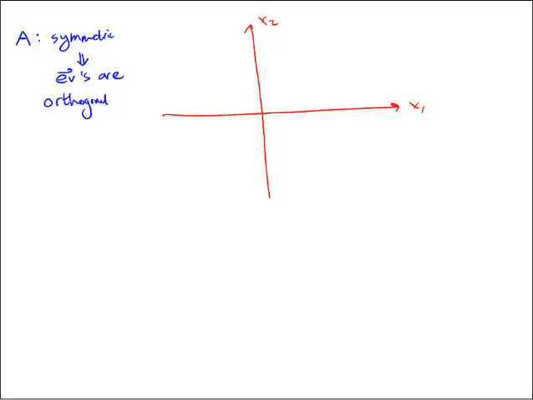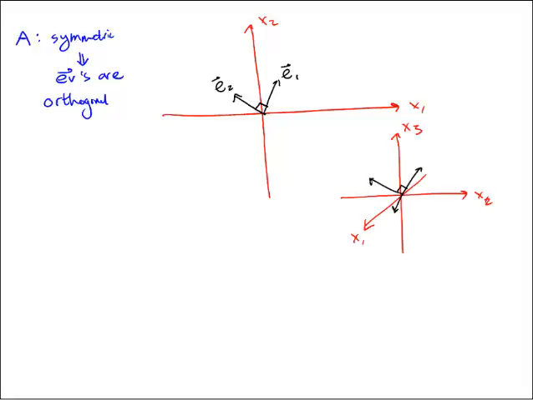So if A is symmetric and we drew its eigenvectors, there will always be a right angle between them. And if we were in three-dimensional space, there would be a right angle between all of the eigenvectors. All of the eigenvectors would be mutually orthogonal to one another.